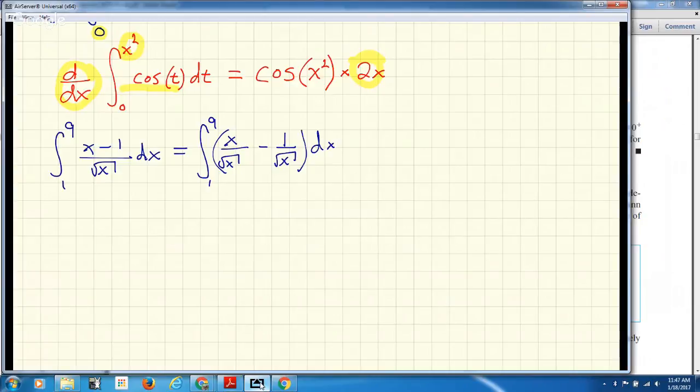Then what I can do is view the square root of x as a power of x, x to the 1/2. And so I can rewrite this yet again. And so I would have x to the first divided by x to the 1/2. So my exponent would be 1 minus 1/2. And so that would just be x to the 1/2 for the first one, minus 1 over x to the 1/2, which would be x to the negative 1/2.